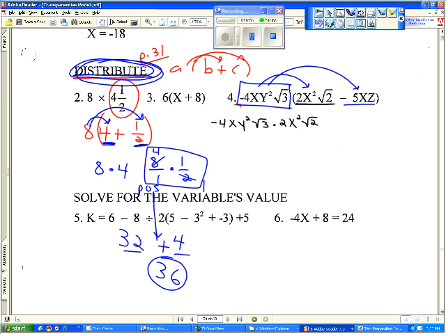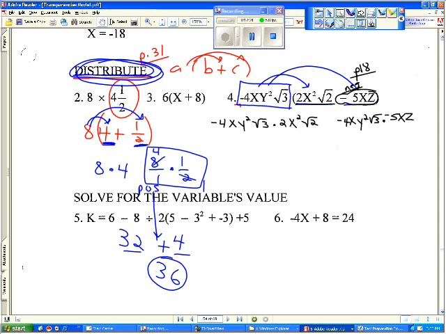And then the thing outside again, negative 4xy square, square root of 3, times the second thing inside. Now when we take that second thing, remember from page 18 and following that we carry the plus or minus as a sign, and we call that a negative 5xz.